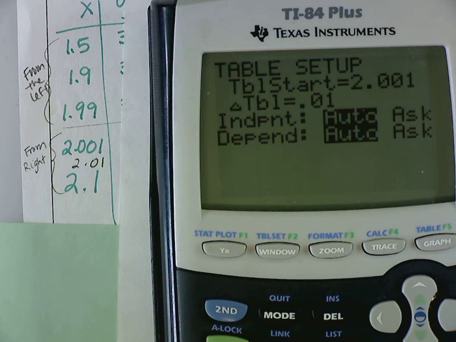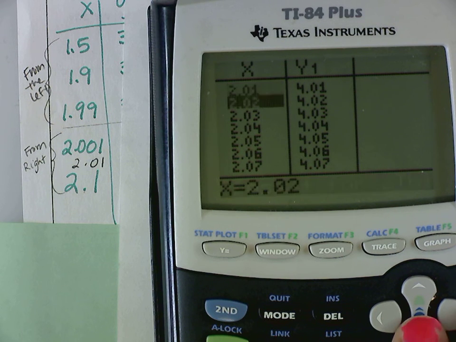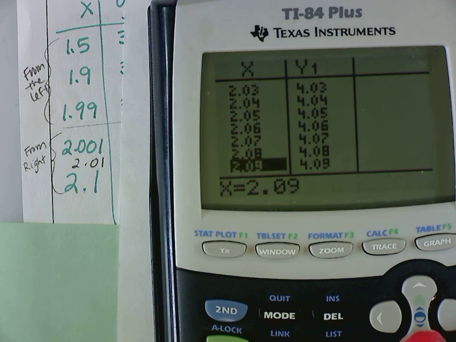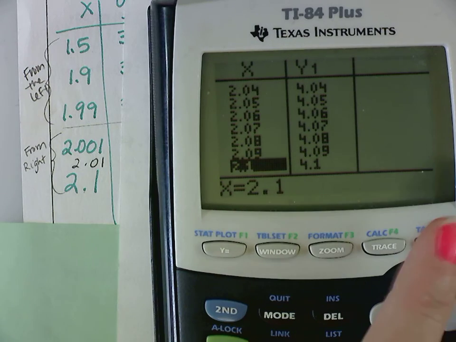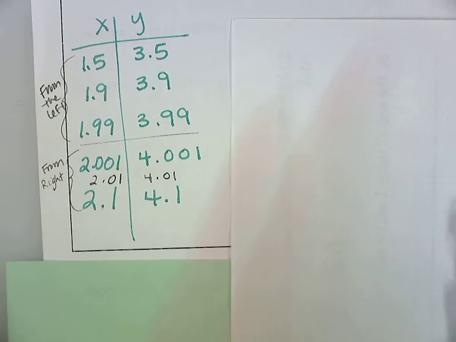And then if I don't want to scroll, I can just keep going back to my table set to find out what I want. Okay, so 2.01, and then 2.10 or 2.1 would be right here. So that's a nice way to get your table.